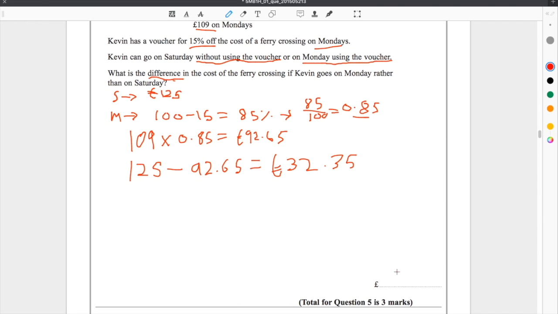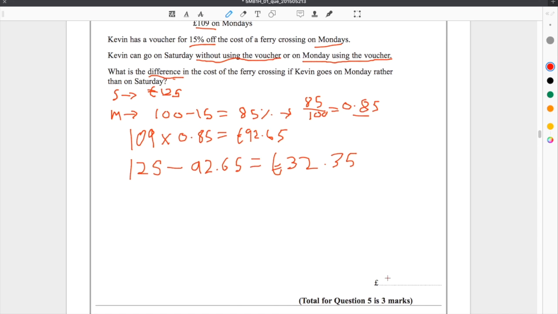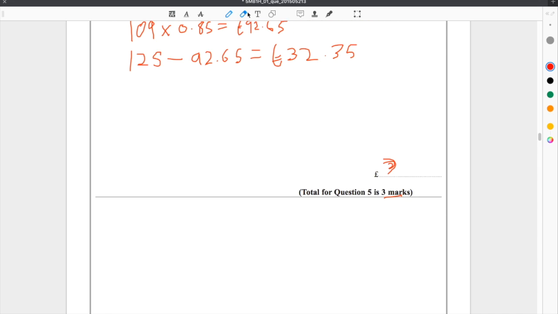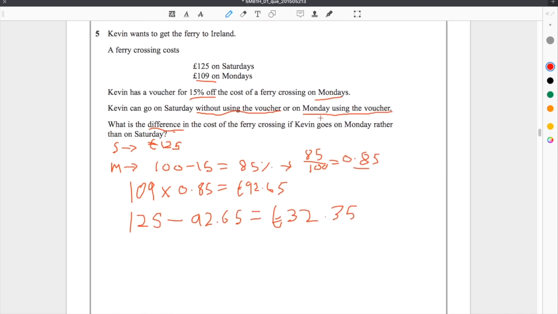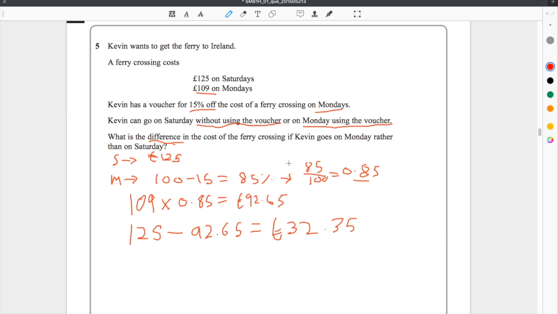So then we just write that down here in our answer box, if it will let me. Okay, £32.35. There we go. So hopefully that's relatively straightforward.